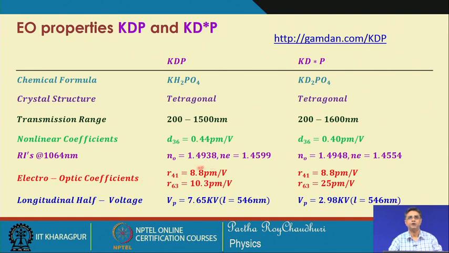The electro-optic coefficients, the ones which we are talking about and which are relevant for the present discussion, are these numbers, and we will have to use these. The half voltage for this crystal is about 7.65 kV as per this data. It may be different if you use a different wavelength and different configuration. So, this is very useful for the estimation of the electro-optic properties.